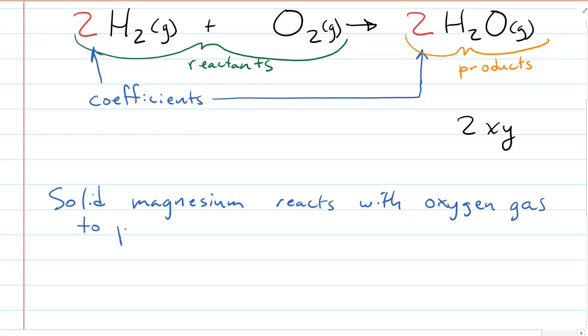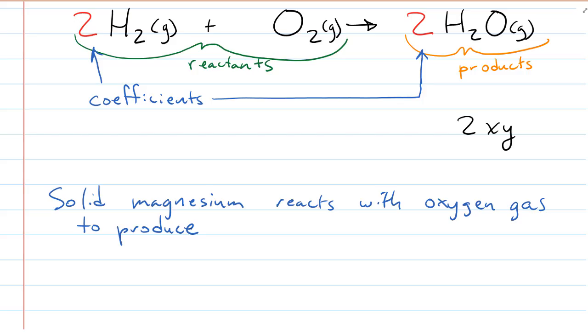And what do you think we produced? Well, think about this. How many elements do we have here? 2. So we put those 2 together, and what are we going to get? Magnesium oxide.